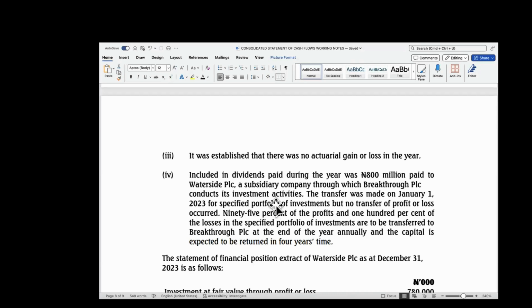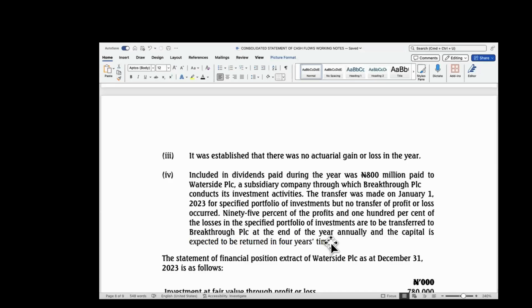I take 95% of the profit. So at the end of the year, annually, the capital is expected to be returned in 4 years' time, meaning that the subsidiary will return the capital in 4 years' time.